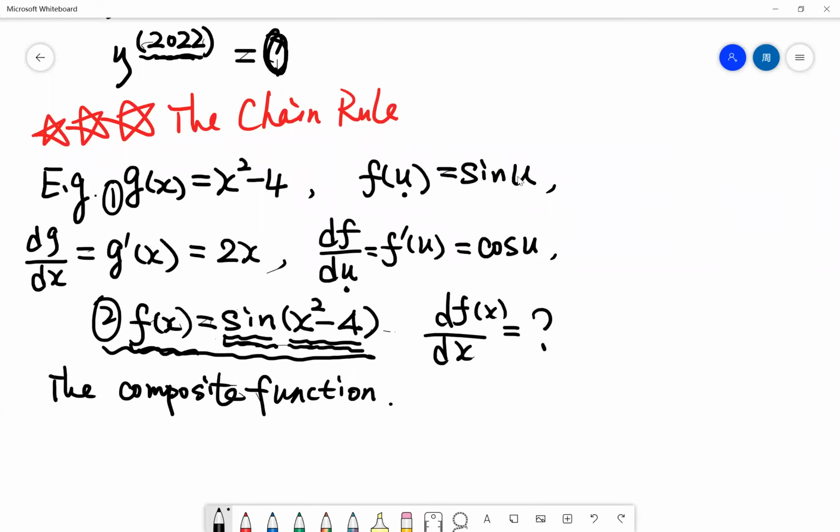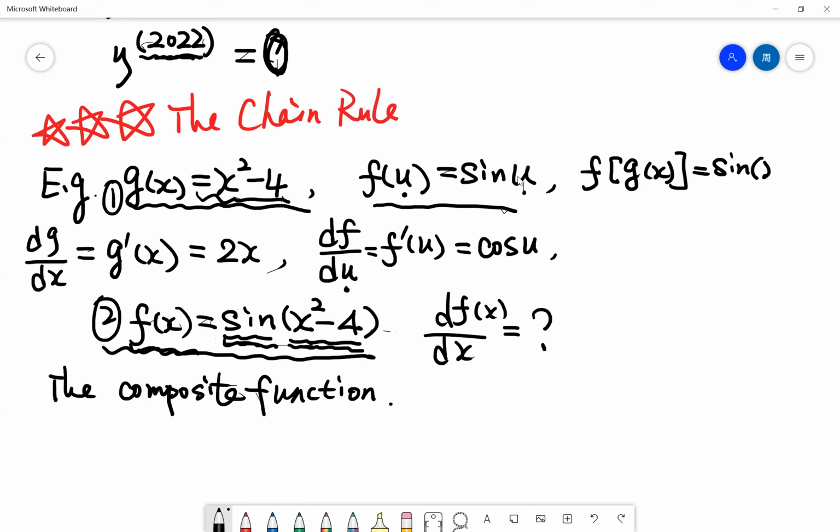And we can write like this. That is, f(u) equals sine u, and g(x) equals x squared minus 4. So we will find that f of g(x) equals sine, we substitute u here, and u here is g(x), right?